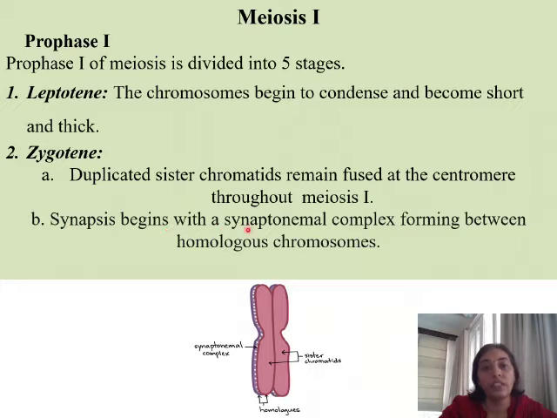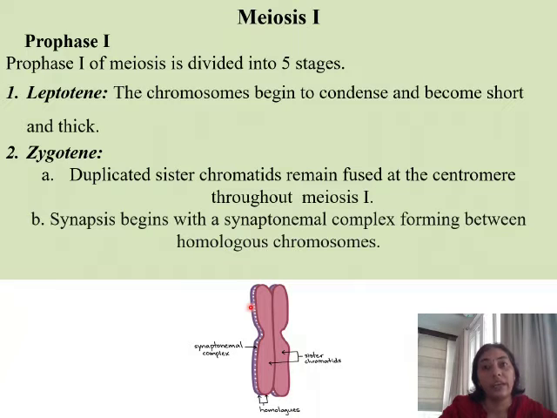Synapsis begins with synaptonemal complex forming between homologous chromosomes. Now these homologous chromosomes undergo a process which is called synapsis. So in synapsis, it is just the pairing of the two homologous chromosomes that takes place. So here you can see that both the homologous chromosomes have come in contact with one another.